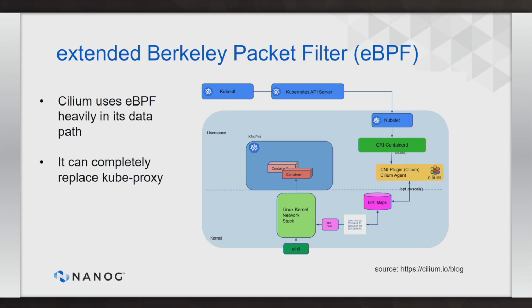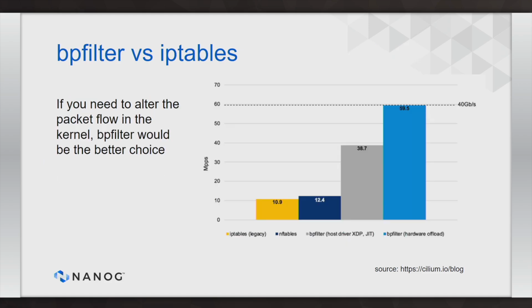And why is it doing that? For performance. What they claim is they can give way more performance using eBPF. Instead of using iptables, I use BPF filters that are based on eBPF, and I can have almost 6 times more performance in my server.